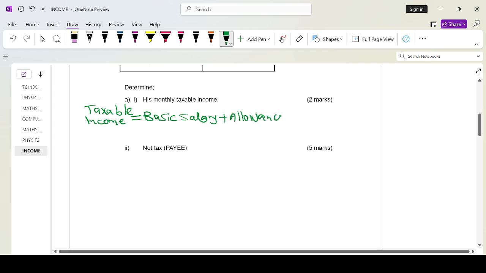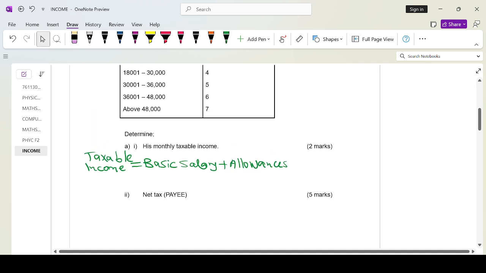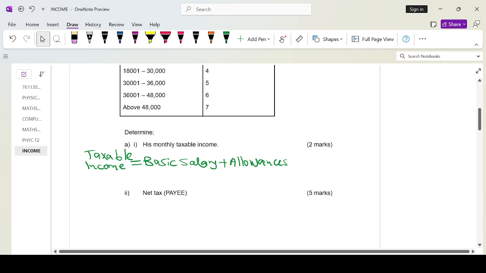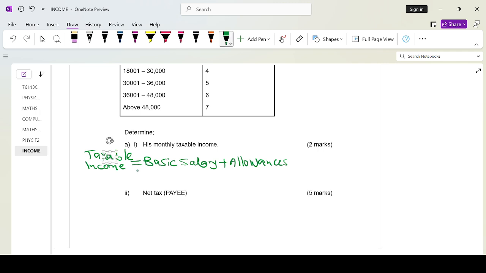That is how you calculate the taxable income. When you talk about the taxable income, this is the amount from which tax is being levied. So learners, we do substitution here.